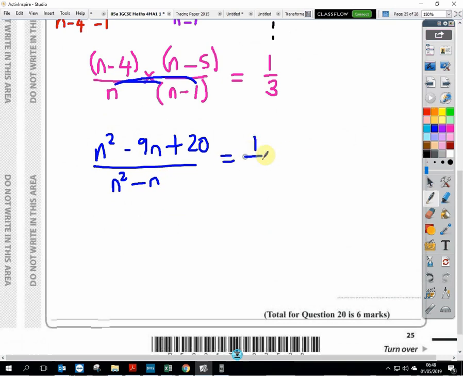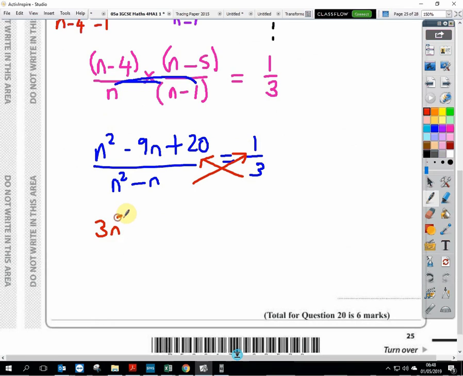That equals a third. Now, when you have a fraction equals a fraction, we can use that cross method where we multiply diagonally. So we're going to multiply the entire numerator here by 3, and we're going to multiply 1 by n squared minus n. When we do that, we end up with 3n squared minus 27n plus 60 is equal to n squared minus n.